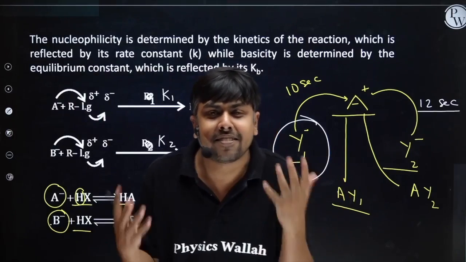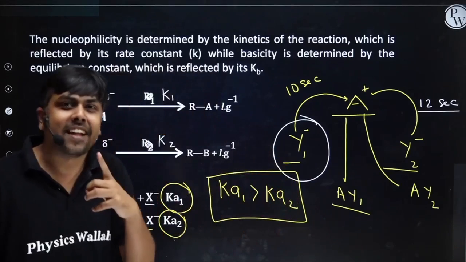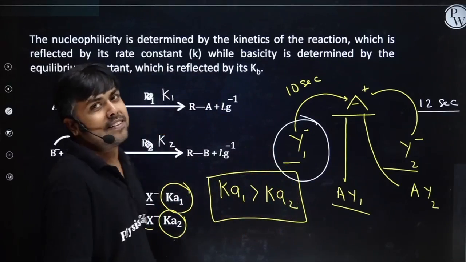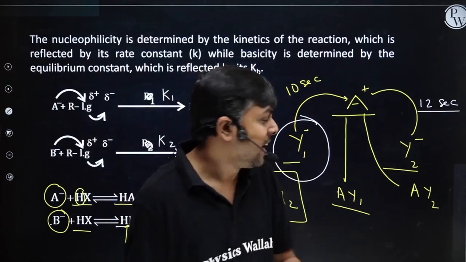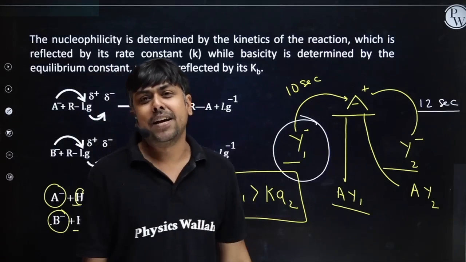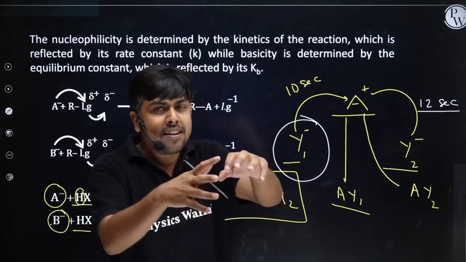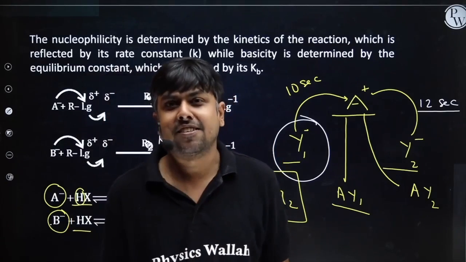And basicity is nothing but the relative ability to snatch H plus. Can I say, students, this basicity is a thermodynamically controlled process because it depends on Ka and Kb values. Am I clear?